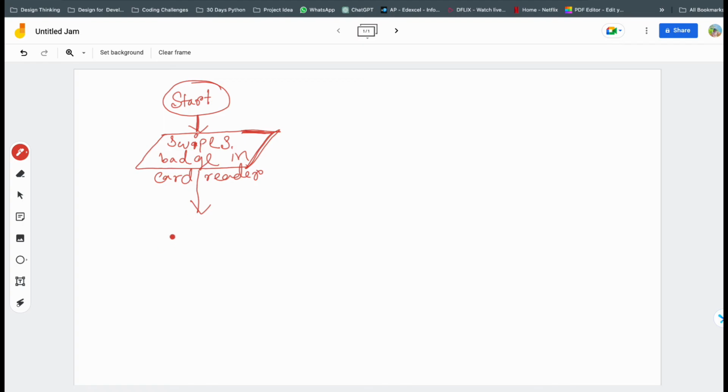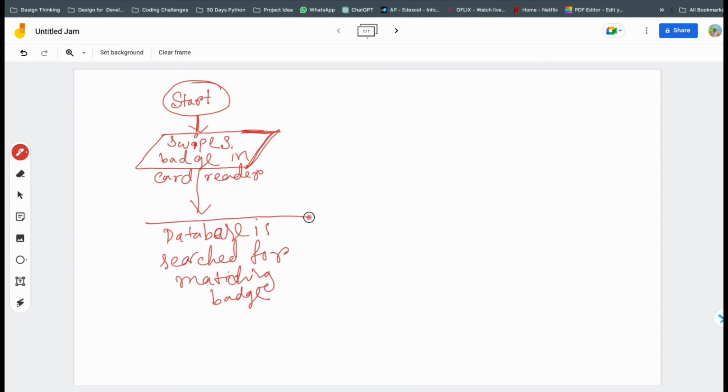So this one is: database search for matching pass. And when a system is working, that means this is a rectangle.